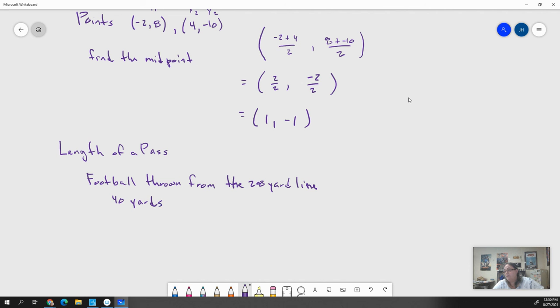Say we're always measuring from the same sideline. And it's caught at the 5-yard line, 20 yards from the sideline.